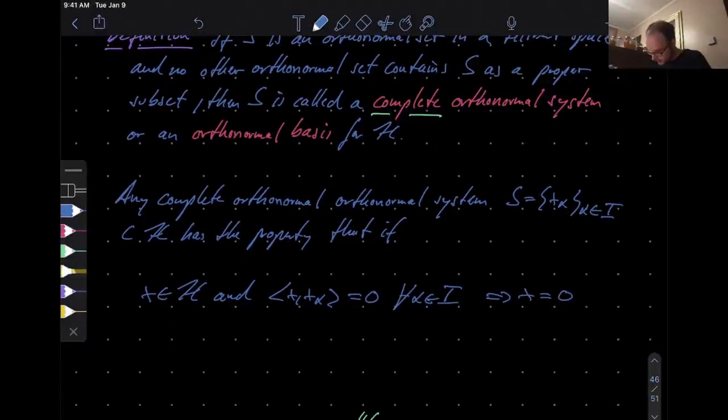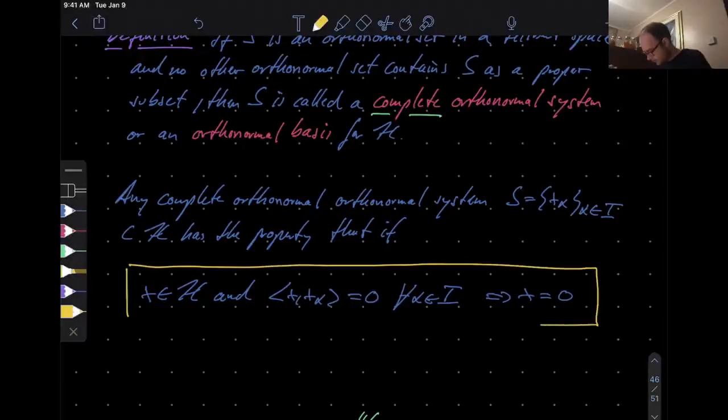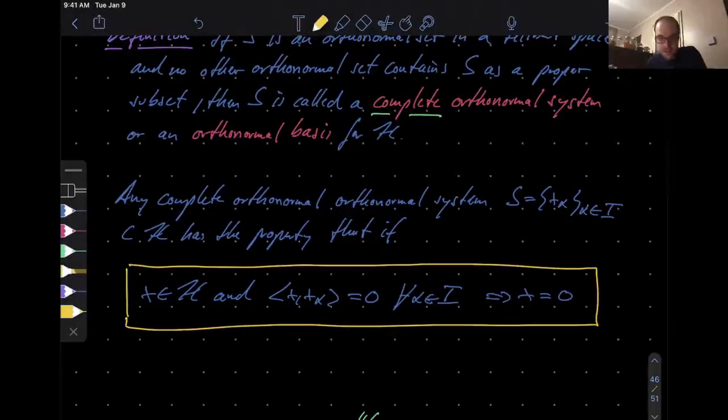That is an important characterization of complete orthonormal sets. And by the way, any orthonormal system that satisfies the yellow box is a complete orthonormal system.